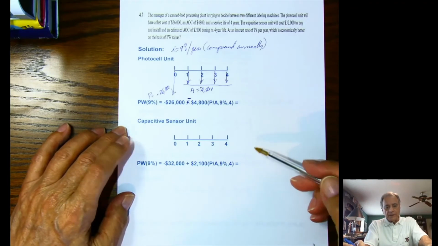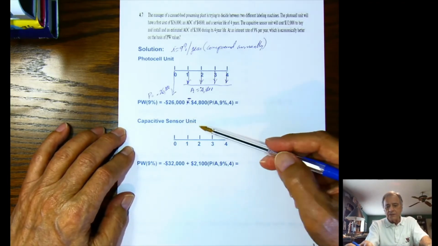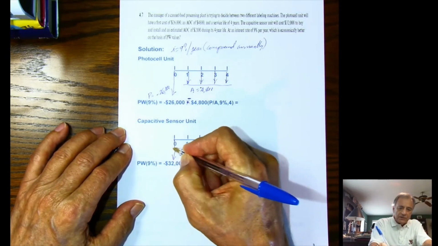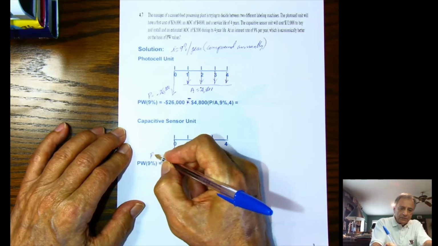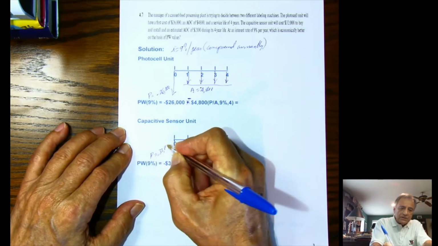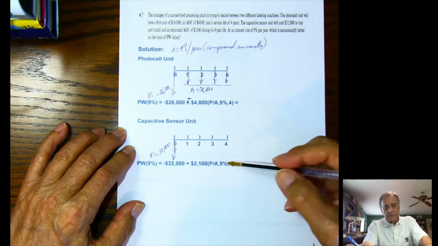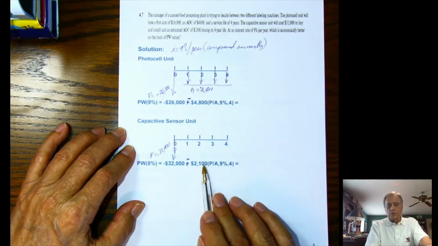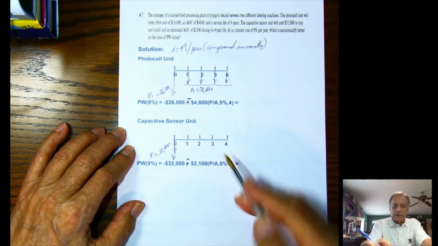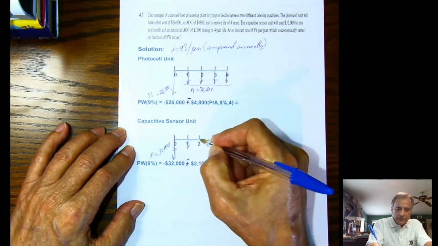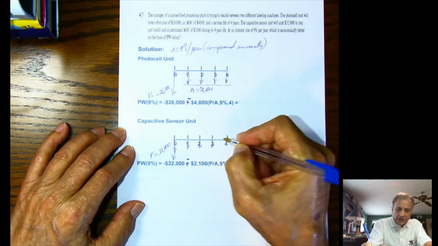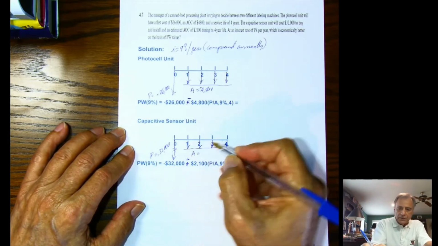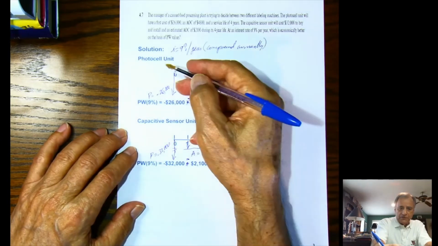If we look at the capacitive sensor unit, that's the other alternative. We have this minus 32,000 as a present value. That's the initial cost of that machine. And it runs, this is a minus as well, it runs $2,100 a year annualized cost for 4 years. That's a uniform series, a little bit smaller series than the one for the photocell unit.